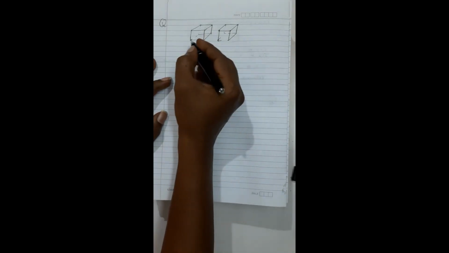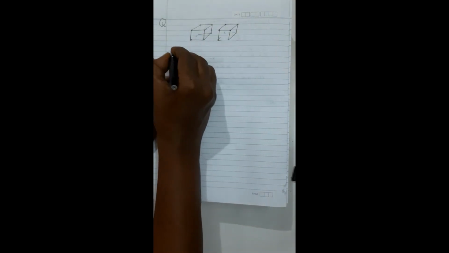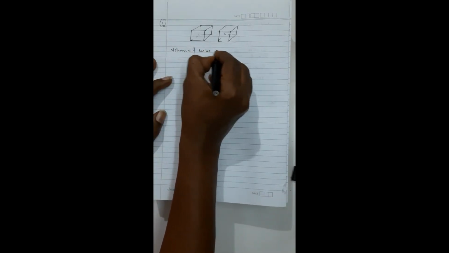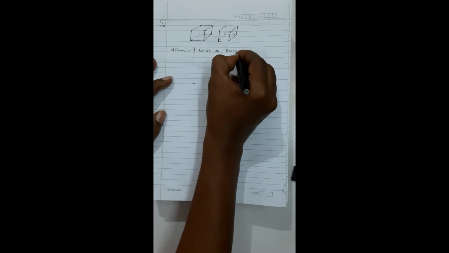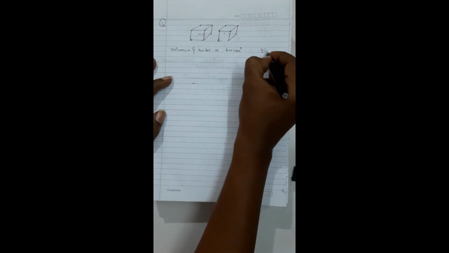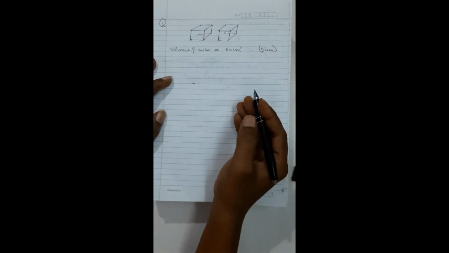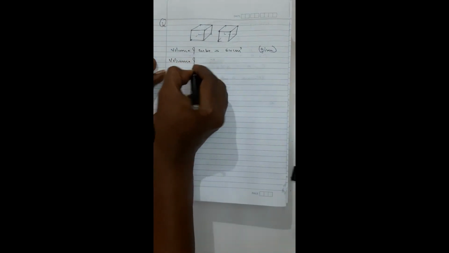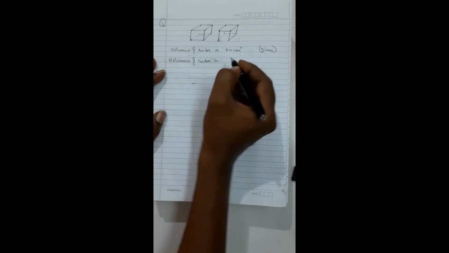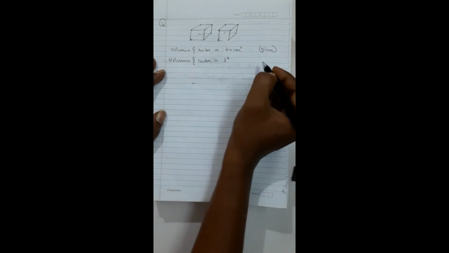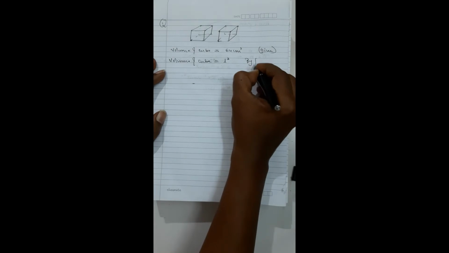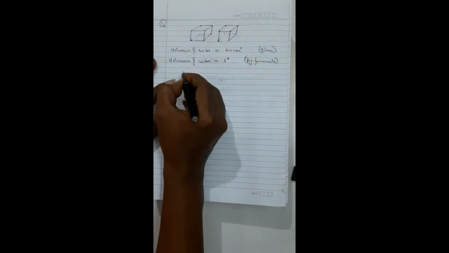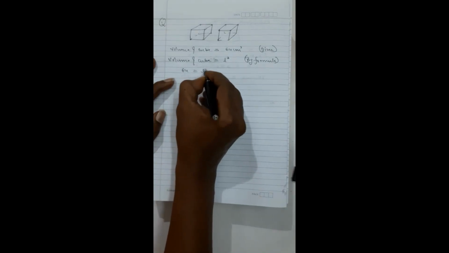Before that, see here what I'll do. Volume of cube is equal to 64 centimeter cube. This is given to me. With the help of this, I'll try to find the side of the cube. Now, we know the formula for volume of cube is L cube. Therefore, from both I will get 64 is equal to L cube.